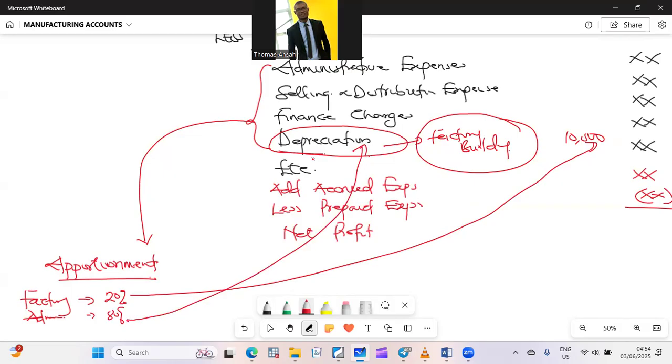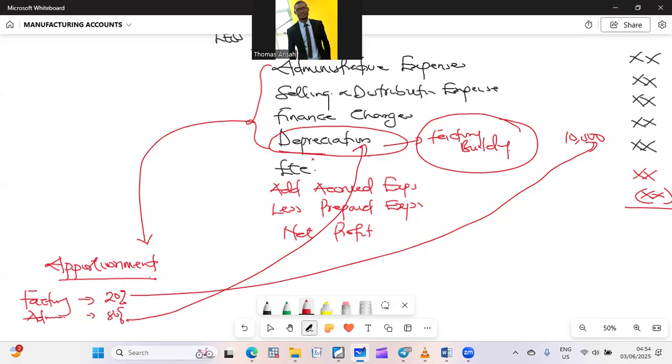So you must learn the apportionment, and that is something we went through during what we call the departmental account. All right. So the basis of apportionment. So you have to find the part that belongs to the manufacturing department, the manufacturing side of the account, and also the part that belongs to the trading.